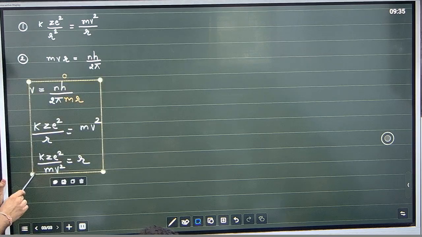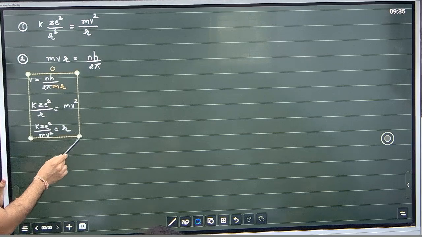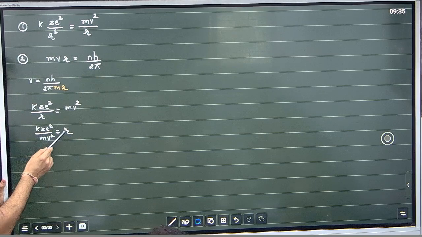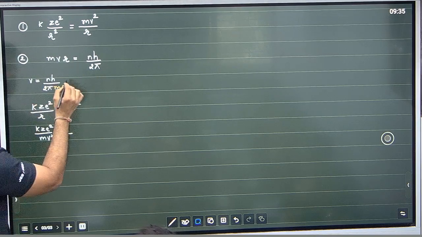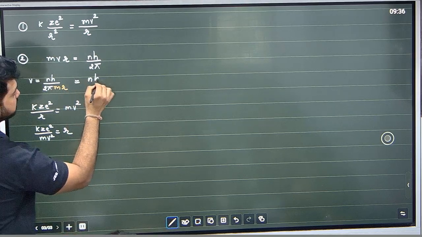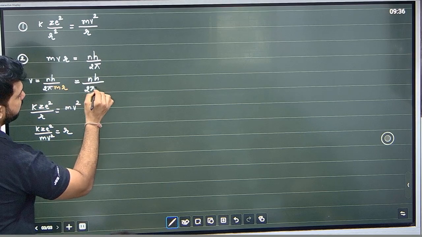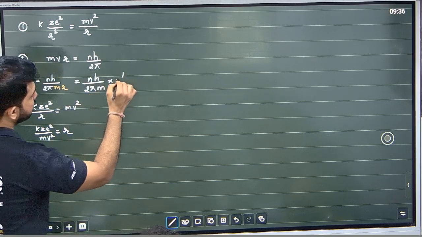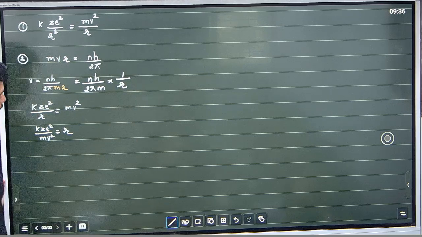Why we just did this is because we get the expression for r. We're going to put that over here. This is n h upon 2 pi m into 1 over r. Can I write it like that?